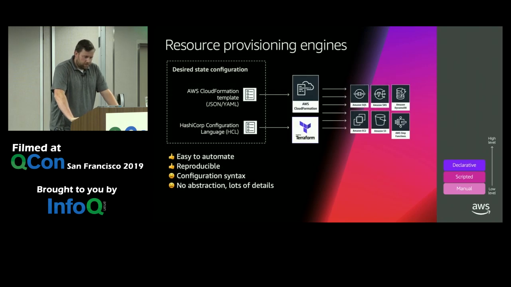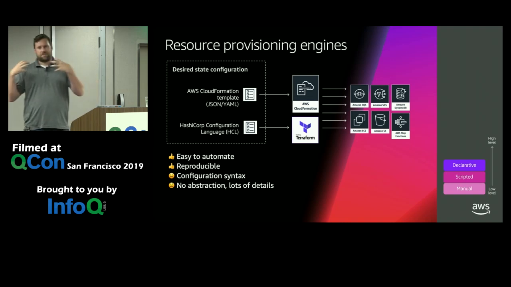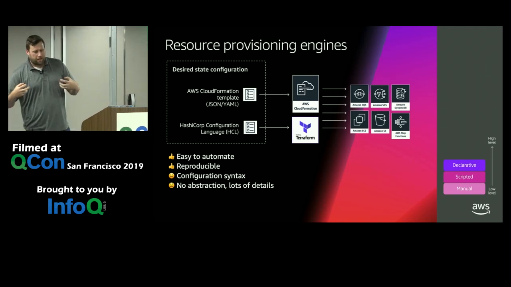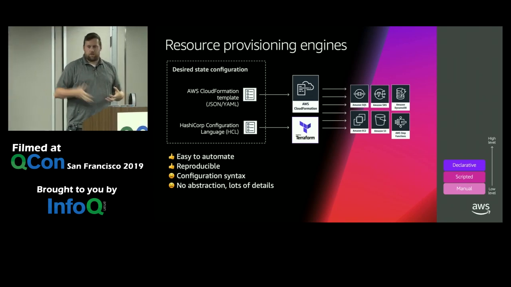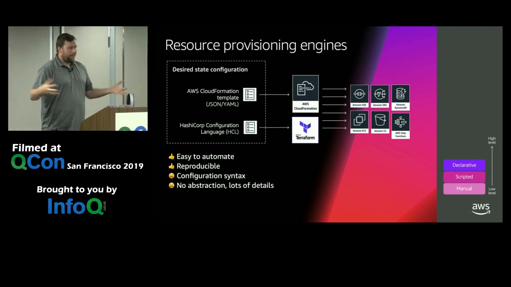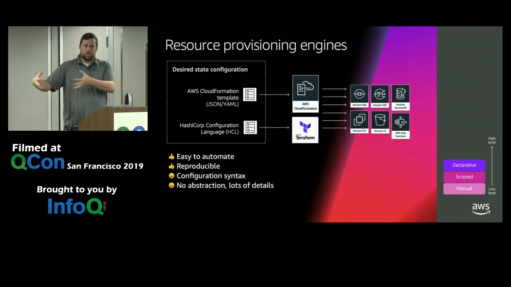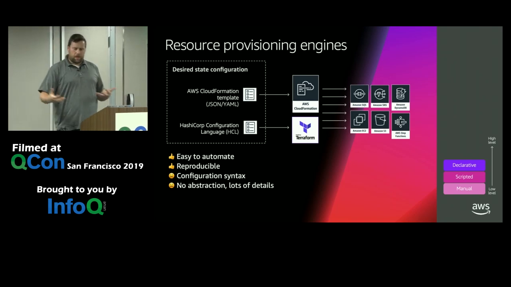So we moved on to resource provisioning engines, which is CloudFormation and Terraform. What I really liked about these is that you just give them a desired state. You say, this is the state I want in my infrastructure, and the provisioning engine will look at what state your infrastructure is in now, figure out what the difference is, and then move your infrastructure into that state with the appropriate API calls.